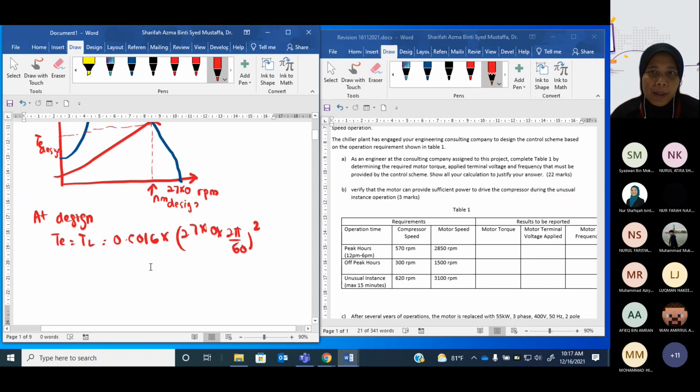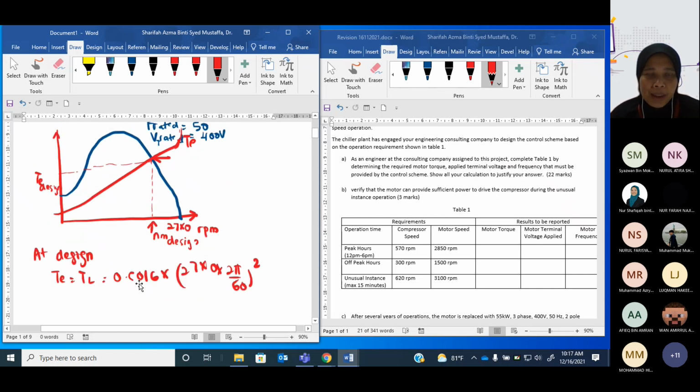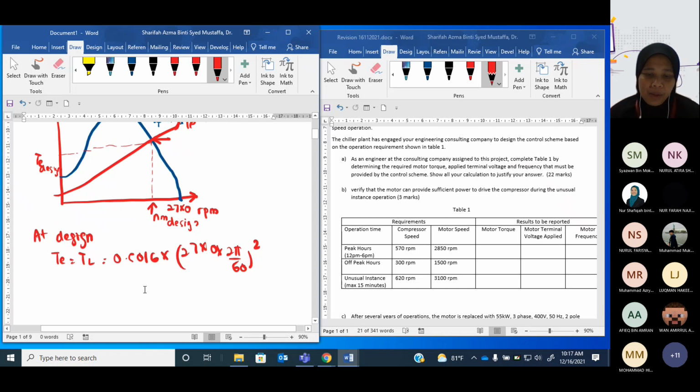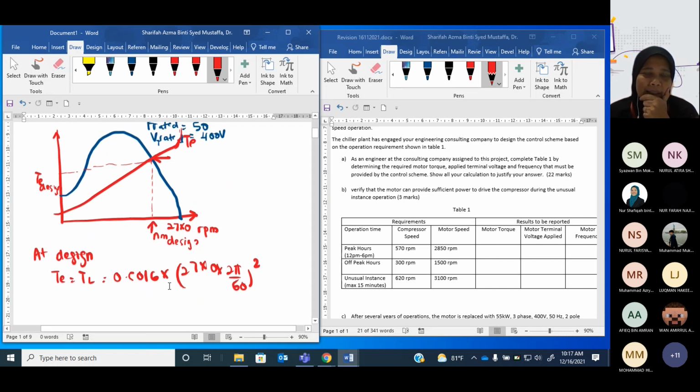So next, what do we want to do? You want to calculate the motor torque. Let's say we want to calculate at peak hours. What should we do? At peak hours, is the motor speed greater than the design speed or less than the design speed?